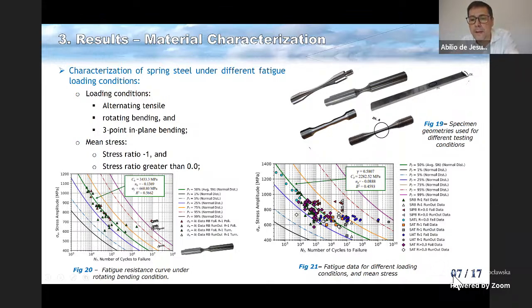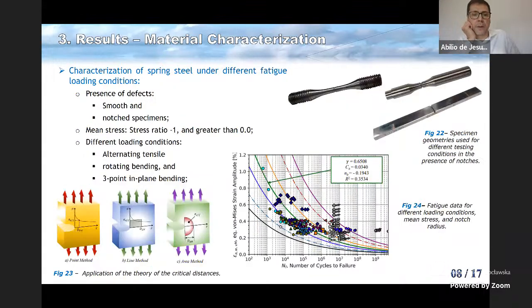As you can see here on the bottom right, we also cover the gigacycle fatigue regime. We did some tests up to 10 to the power 9 and almost 10 to the power 10 for some cases, using gigacycle testing systems like piezoelectric ones. And we try to combine all the data together in the probabilistic S-N field.